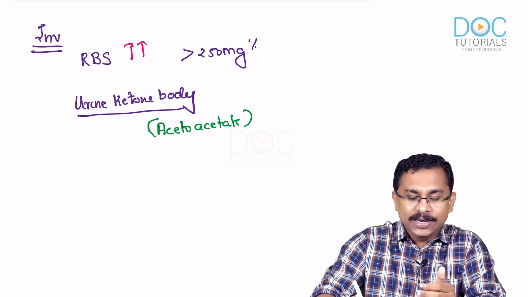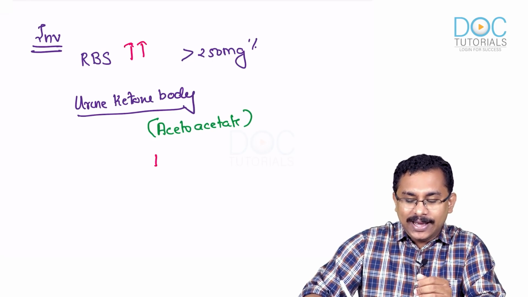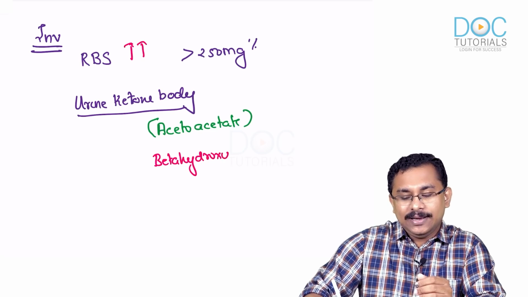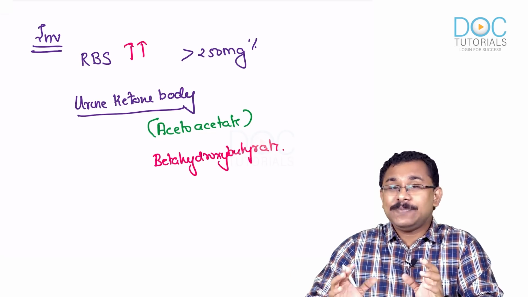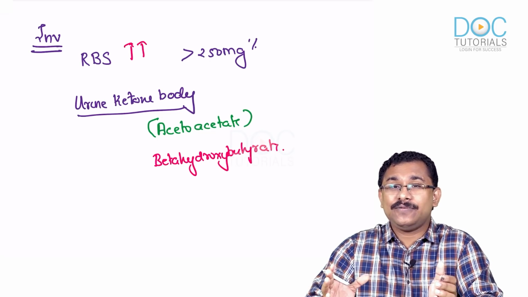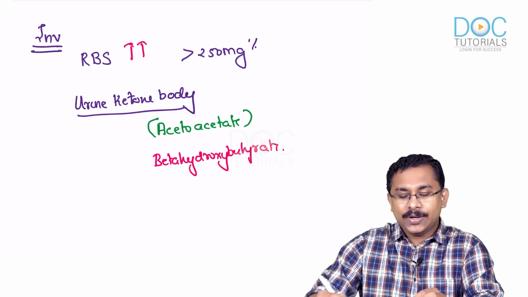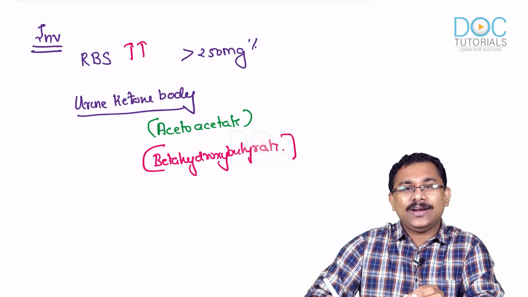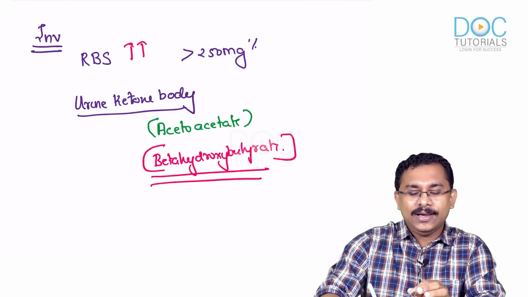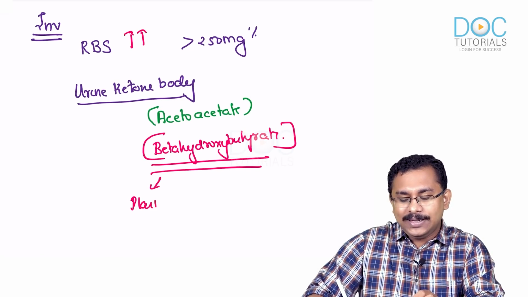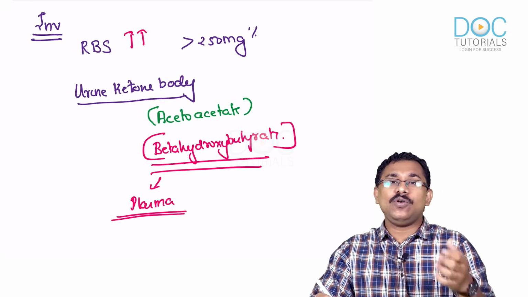Which means beta hydroxybutyrate sometimes may not be detected. So just because urine ketone body is negative, you cannot completely rule out diabetic ketoacidosis, because to estimate beta hydroxybutyrate you need to go for the plasma levels.